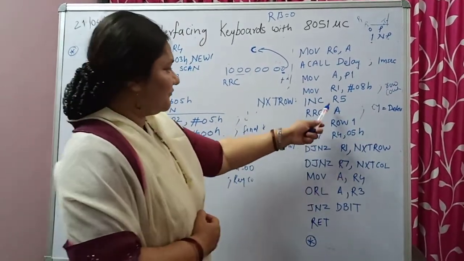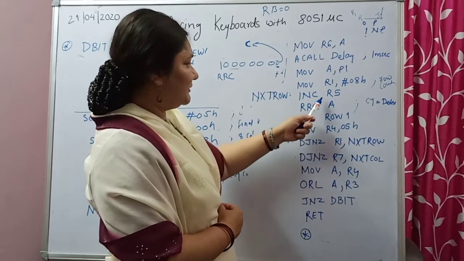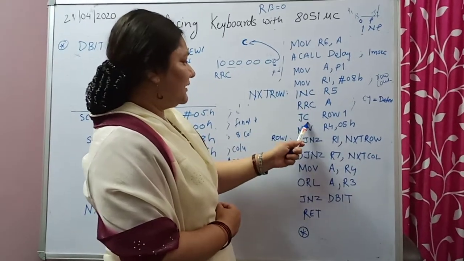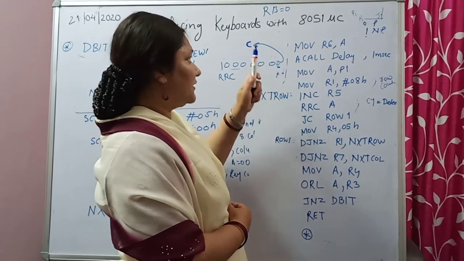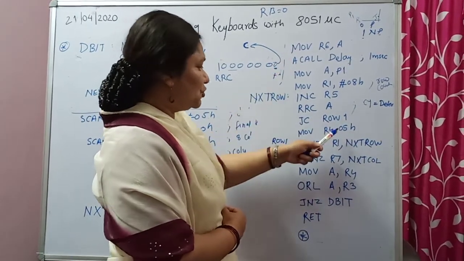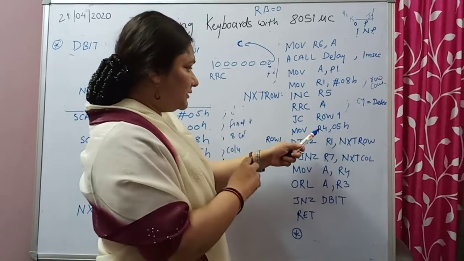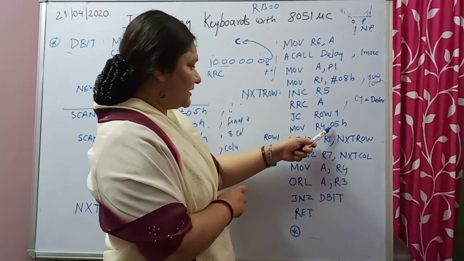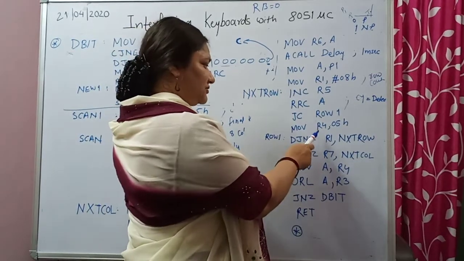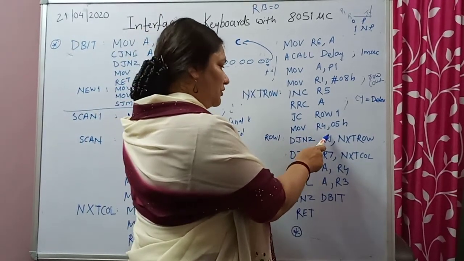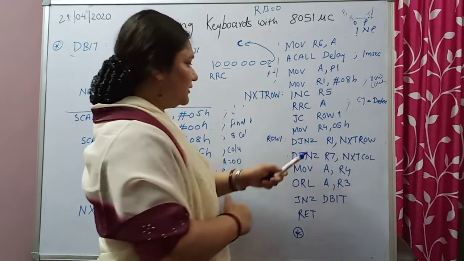Whatever is in R5, because we have detected that on this particular row the carry was not there, that means the key was pressed on that row. So that initial status of the key press is moved to the R4 register, because we have assigned R4 for the key code for that particular scan.